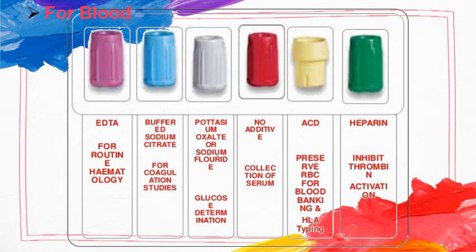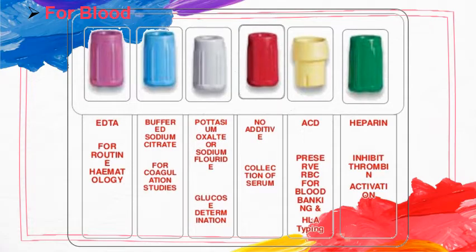We have your light blue, with buffered sodium citrate, for coagulation studies for prothrombin and thromboplastin. Sodium citrate works by binding to the calcium to prevent blood clotting. Next is your red, which is a clot activator or no additives, used for serum collections for your chemistry, serology, and blood bank tests.